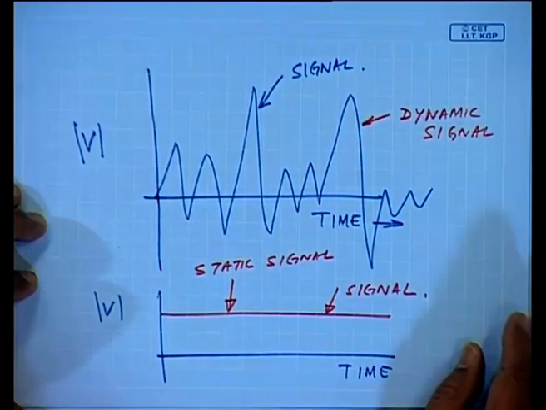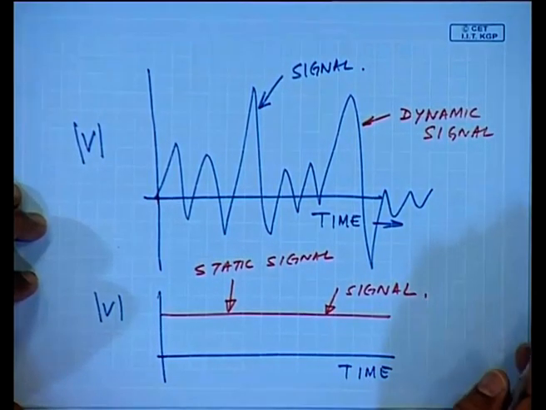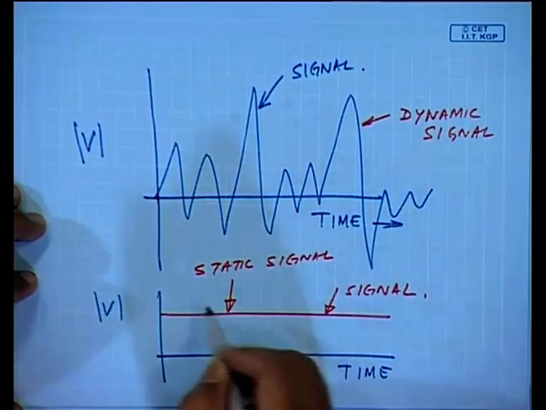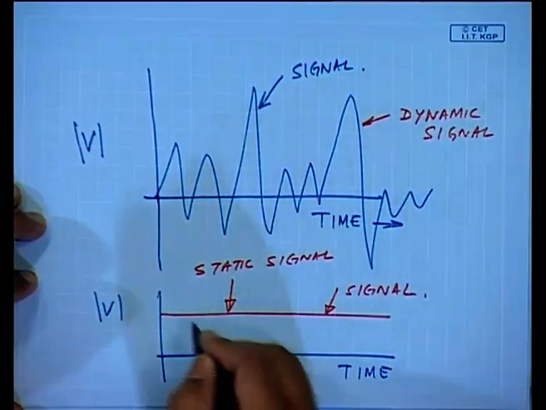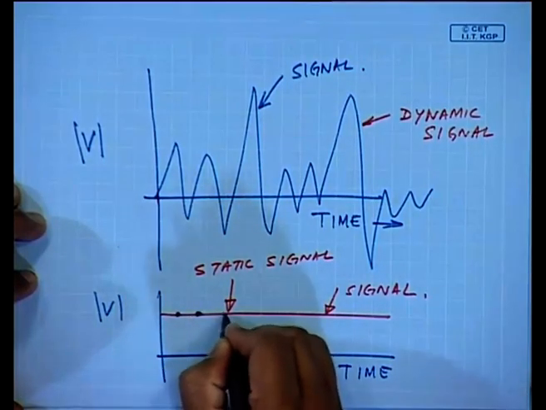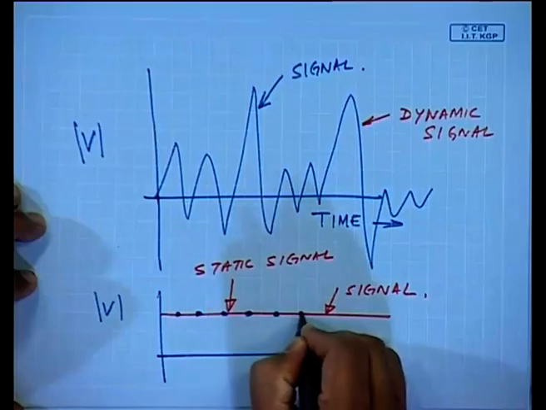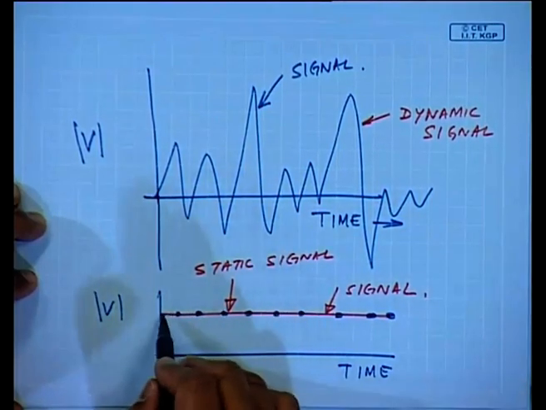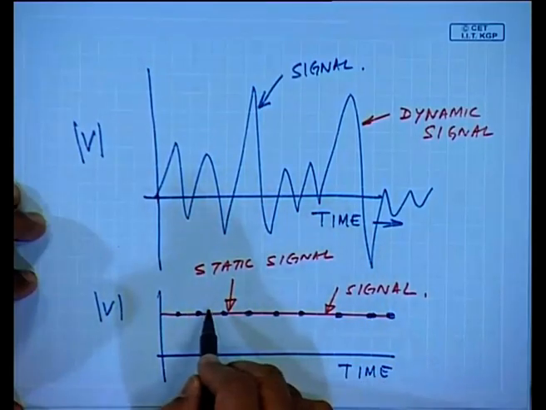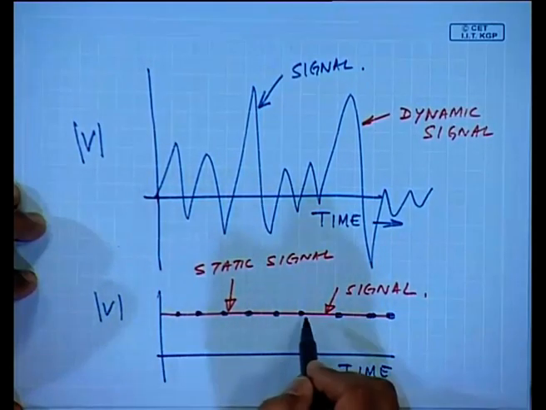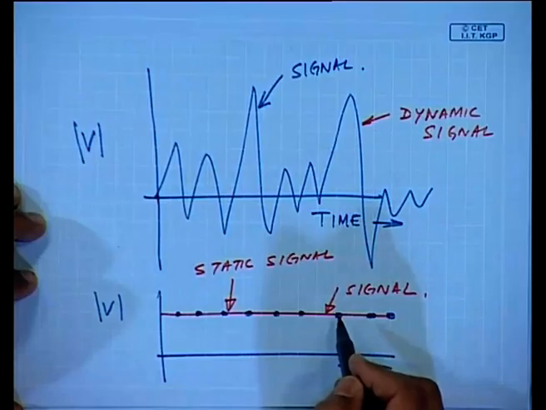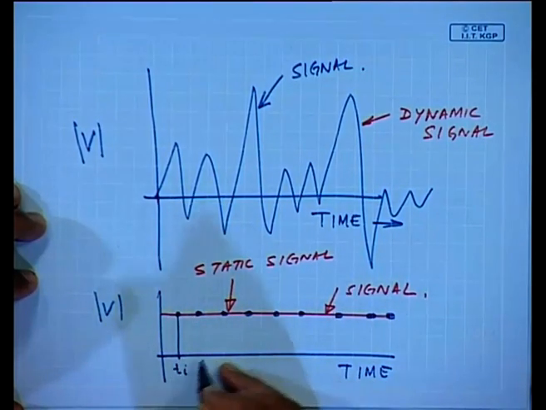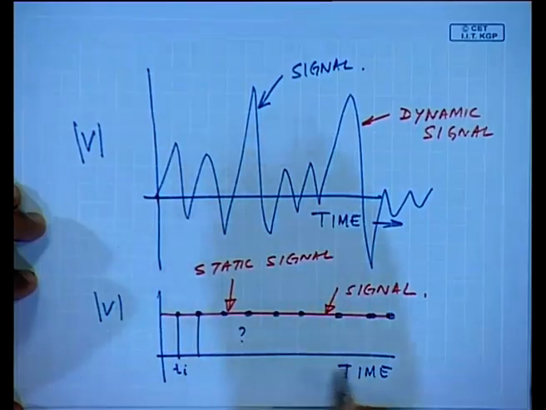Another way of classifying this signal is whether the signal exists at all time t, or does it only exist at discrete values in time. Of course, I could use any plotting software to join the lines, join the points and get a straight line or a curve, but whether the values of the signal at all times are known to me is a question.